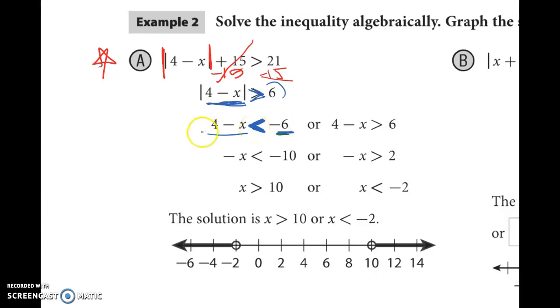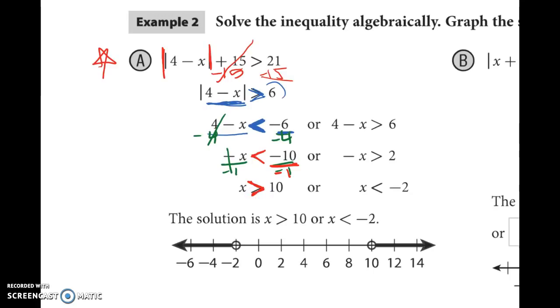So now if I was solving, I would subtract 4 from both sides, and I would get negative x is less than negative 6 minus 4, which is negative 10. And when I divide by a negative, I'm going to get x is greater than, wait a minute, what happened to my sign here? Let's see. My sign was a less than. Oh, but I divided by a negative, so I again have to flip that sign.